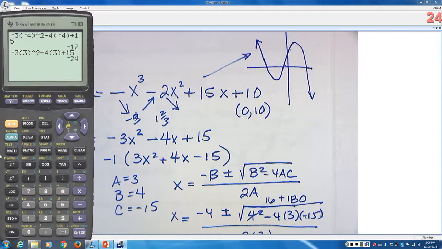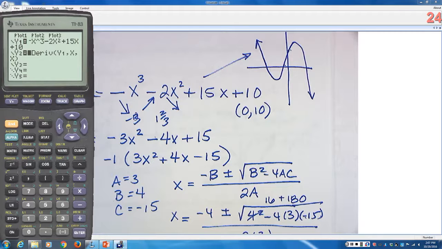So now I'll let my calculator verify it for me. So -3x to the third minus 2x squared plus 15x plus 10.